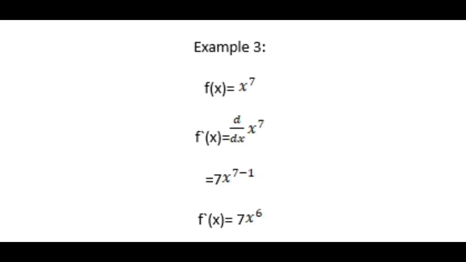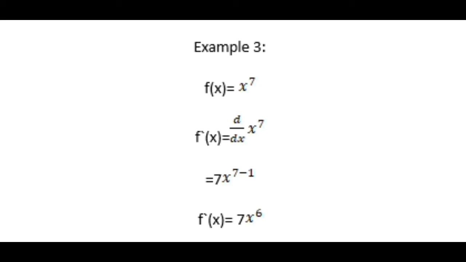Example number 3. f of x equals x to the power of 7, and we will get its derivative using the power rule. First step, write down f prime of x equals the derivative of x to the power of 7.